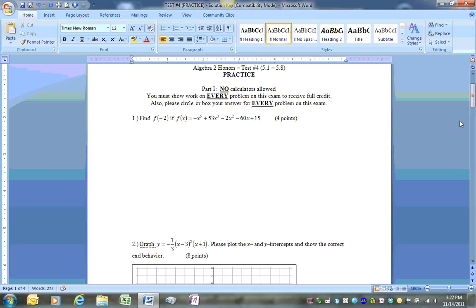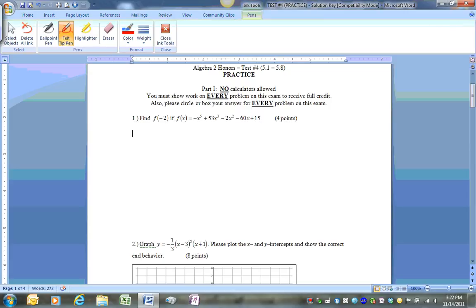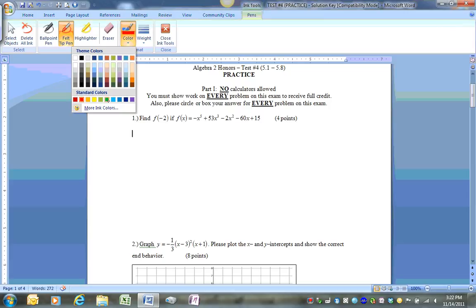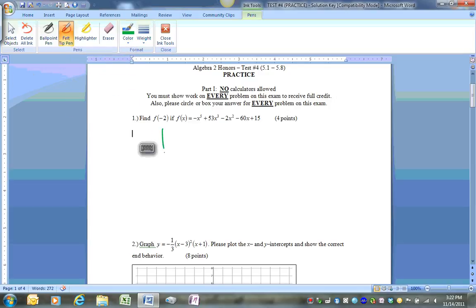So first one, you're asked to find f of negative 2 if f of x equals all that. Two ways you can do it. My preference is to use synthetic substitution. So you have negative 1, 0 because there's no x to the fourth term, 53, negative 2, negative 60, and 15.